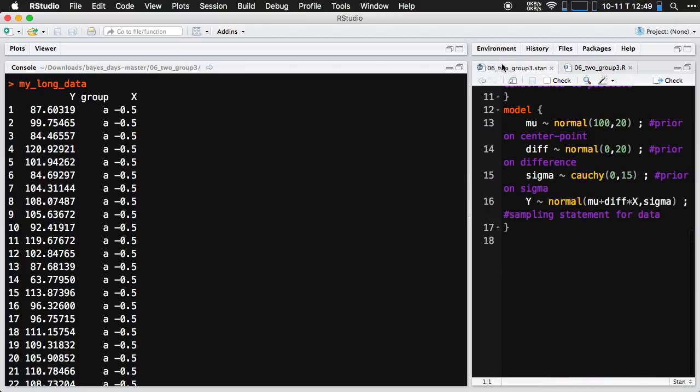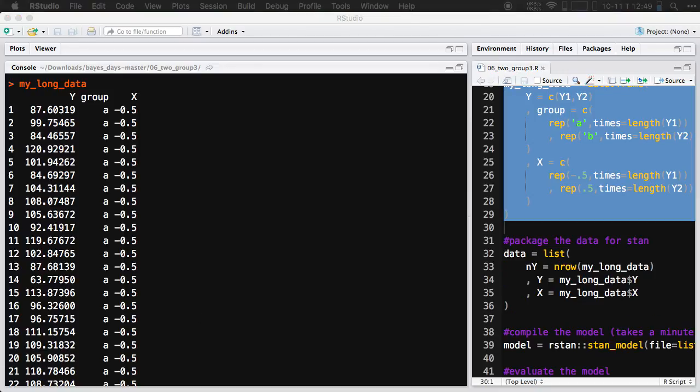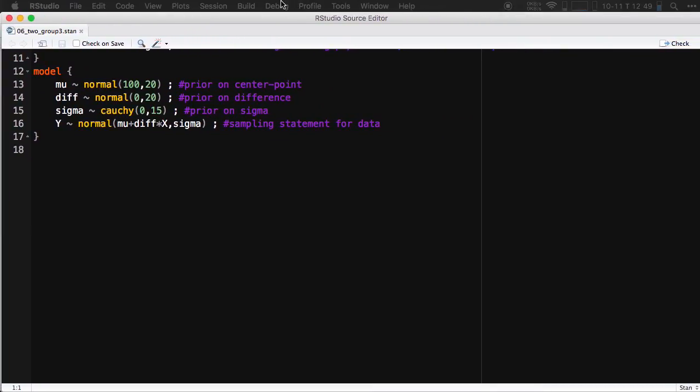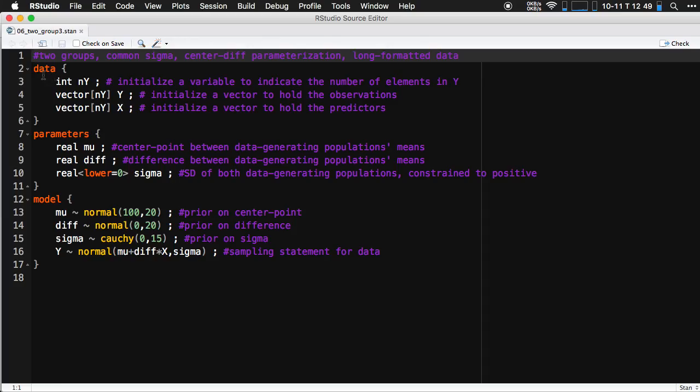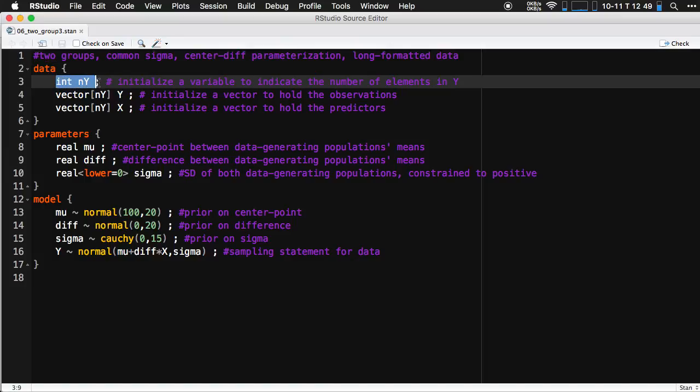So the stand file wants us to, and I'll pull it out so it's bigger. And I'll scroll up. Okay, so the stand file, it's ny. This is going to be the total number of observations across both groups.